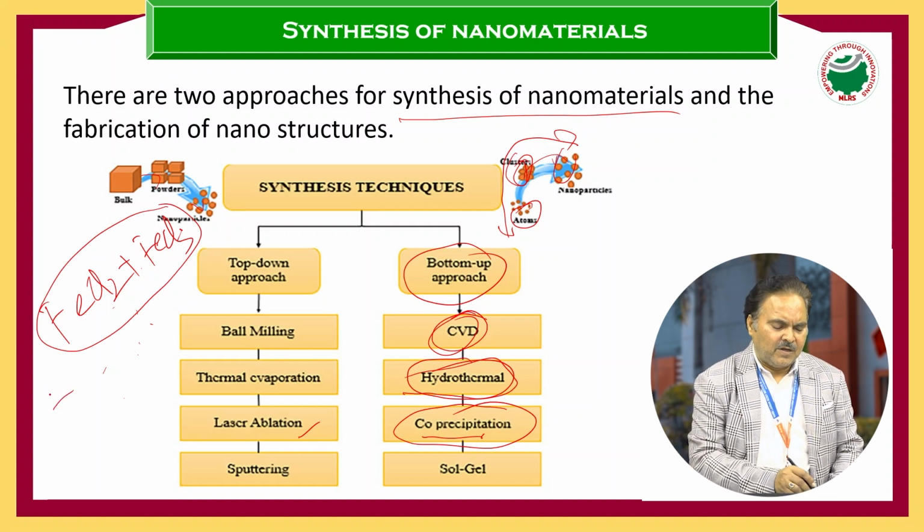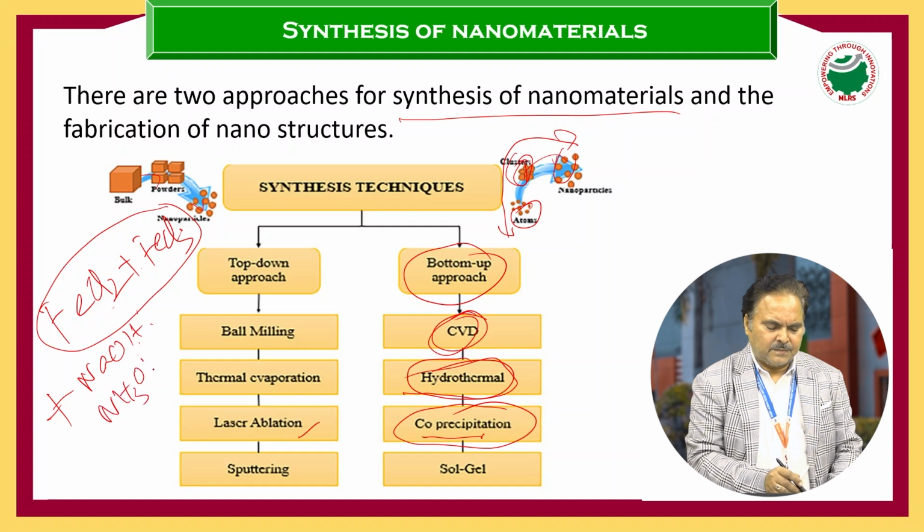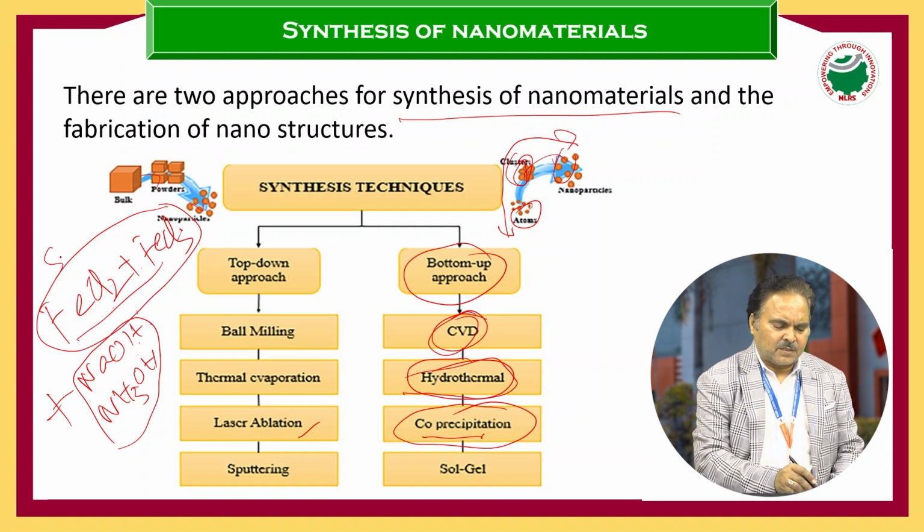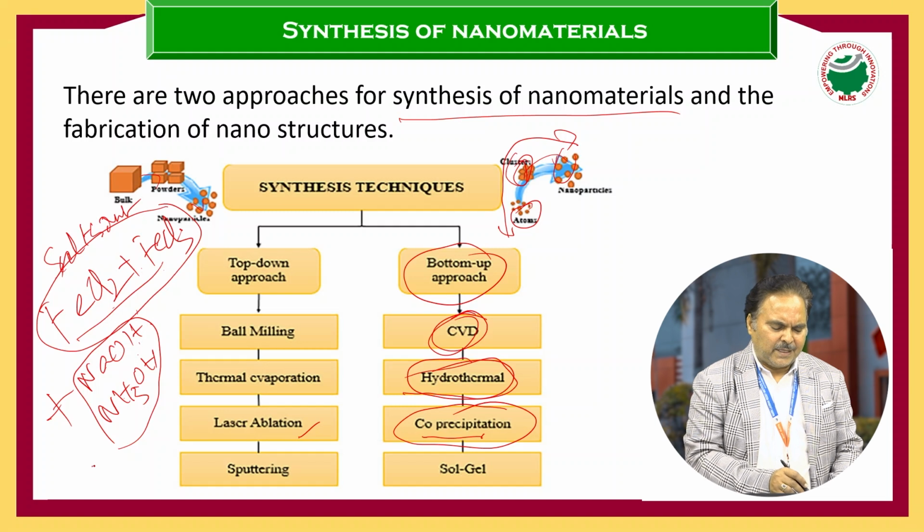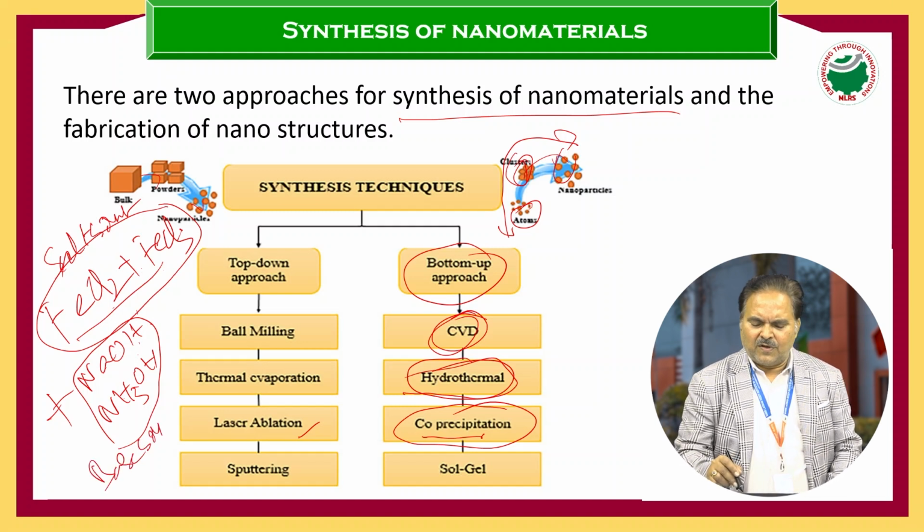Then they will use some base. Base means NaOH, which is a base material, or ammonia, that is also a base. So this is a salt solution plus a base solution. They keep the salt solution in a flask and add the base drop-wise with a burette.